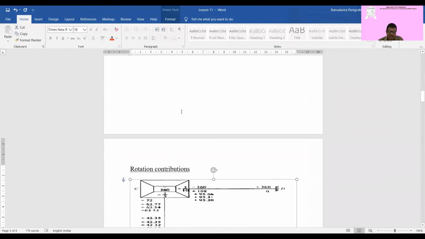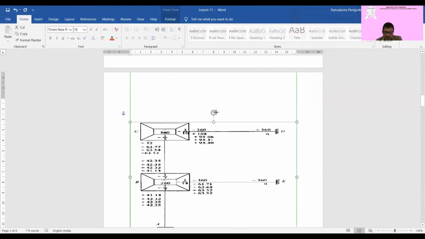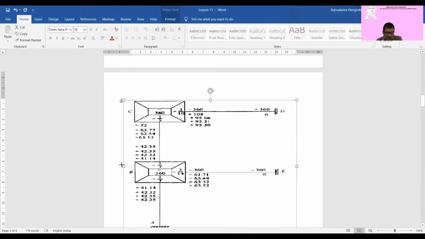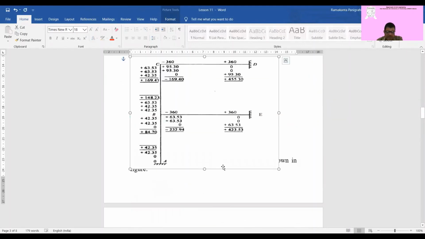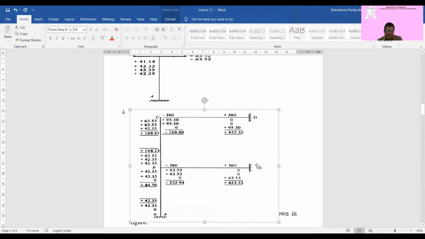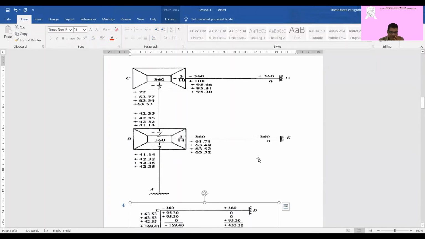Now see, I have increased the size to some extent so that it is visible. Here you can start from any joint, you can start from B or from C. As we have already explained how to calculate the rotation contributions, you can start from that.